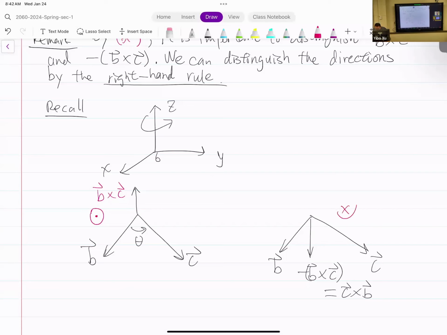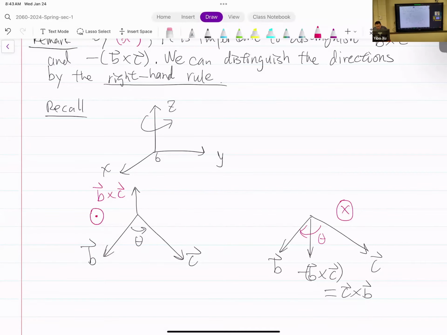If you use the physics notation, that's actually a circle with a cross. This just indicates that this is like an arrow that's flying into the wall. Okay, so you only see the tail. So that's if you think about this as a theta angle. In a way, it's clockwise for the picture on the right, right?